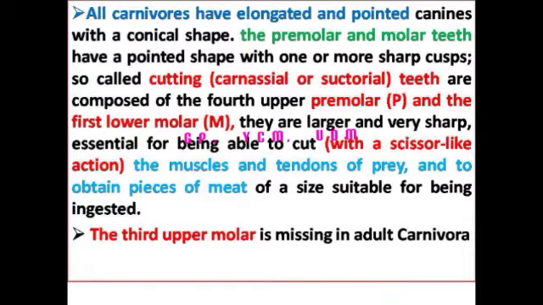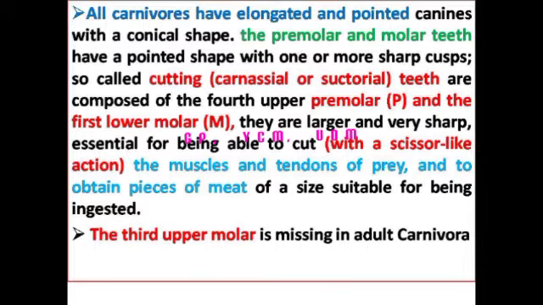Let me pass on to the general characters of Carnivora. All carnivores have elongated and pointed canines with a conical shape. The premolar and molar teeth have a pointed shape with one or more sharp cusps, so-called cutting teeth, composed of the fourth upper premolar and the first lower molar.